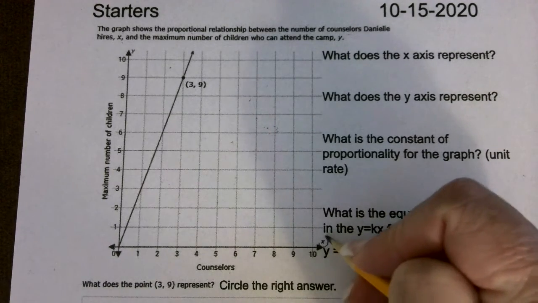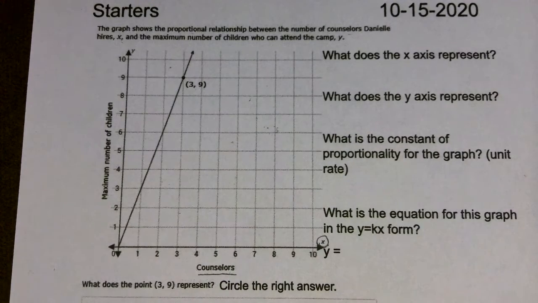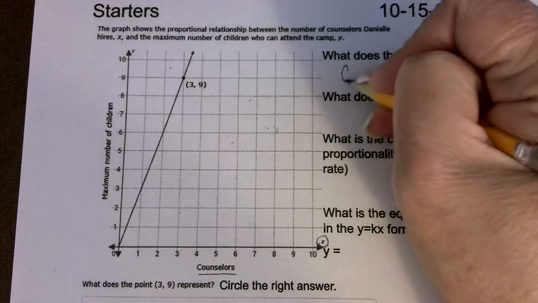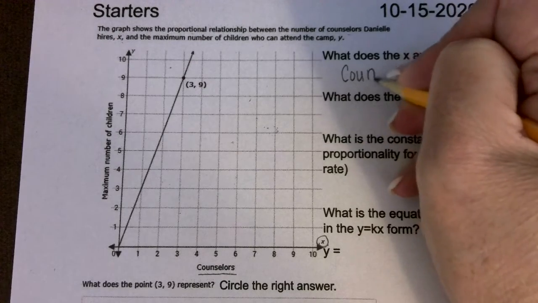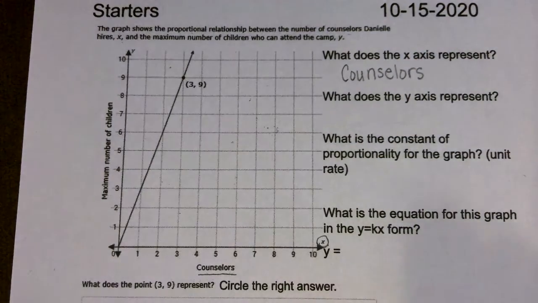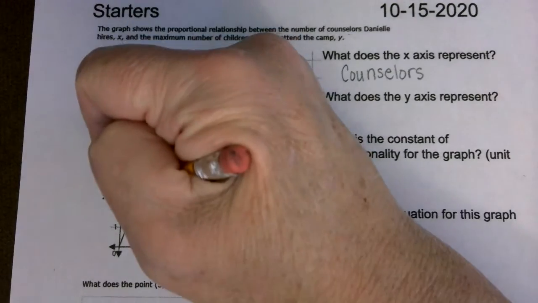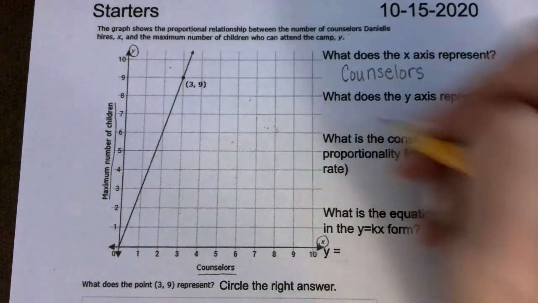Our X is representing the counselors. And what does the y-axis represent? The y-axis is here, and that's representing the maximum number of children.